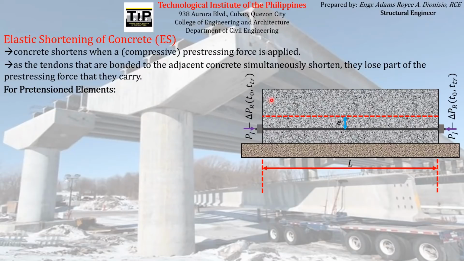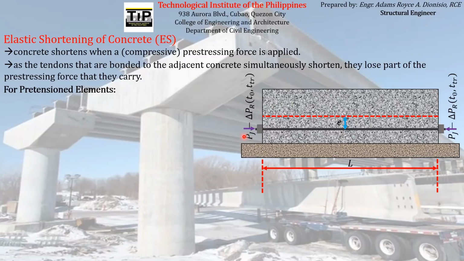When the prestressing force is transferred to the concrete element, take note of this. The prestressing force being transferred is not actually equal to the jacking force itself, but a magnitude lesser in value, because as we have discussed before, from the time of jacking to the time of transfer, the prestressing reinforcement experiences what we call relaxation.